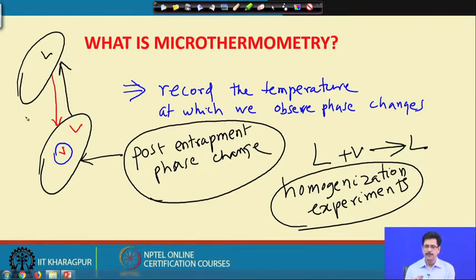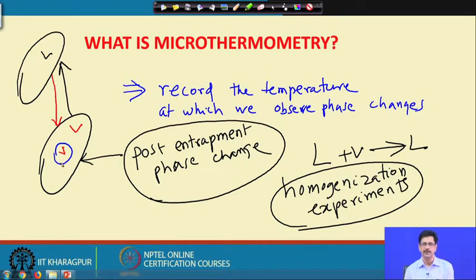So, what we are conducting here is the homogenization experiment. We intend to bring back this particular inclusion into its homogeneous state at which it was supposed to have been entrapped. The only difference here is that this entrapment process took place at a pressure which is definitely higher than the pressure at which we are doing the experiment.